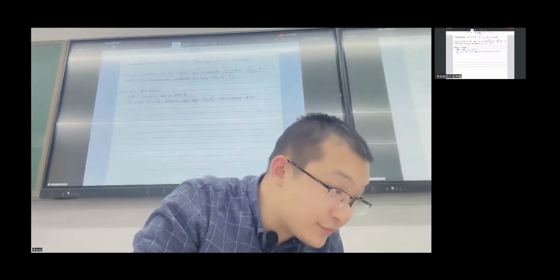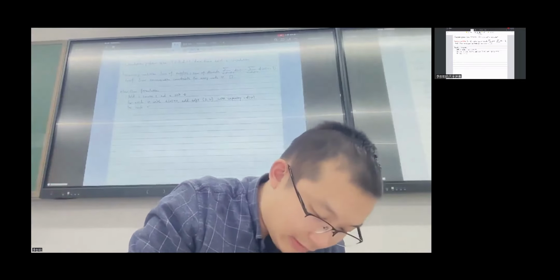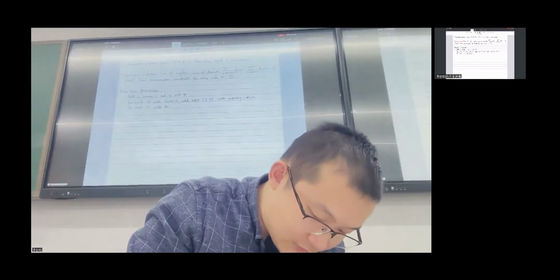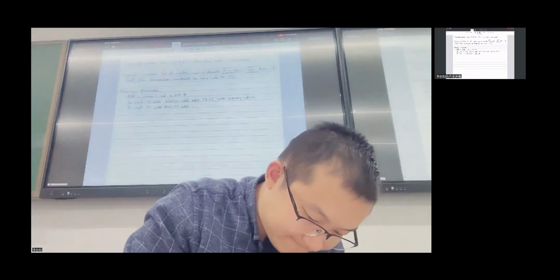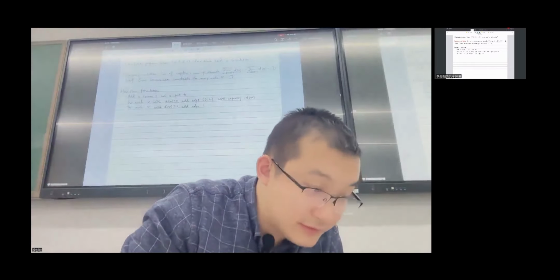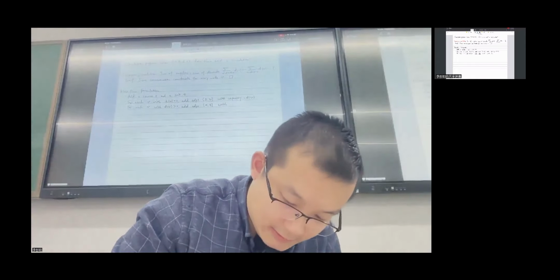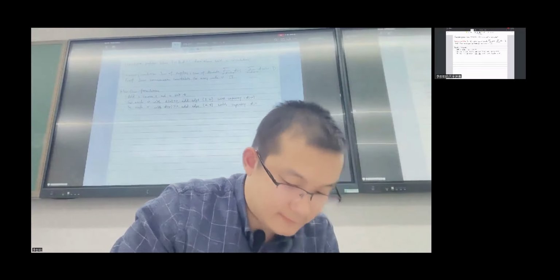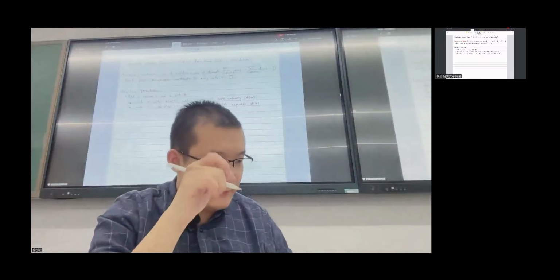And for each V with dV strictly larger than 0, we add an edge from V to T with capacity dV. So this is what we do here.